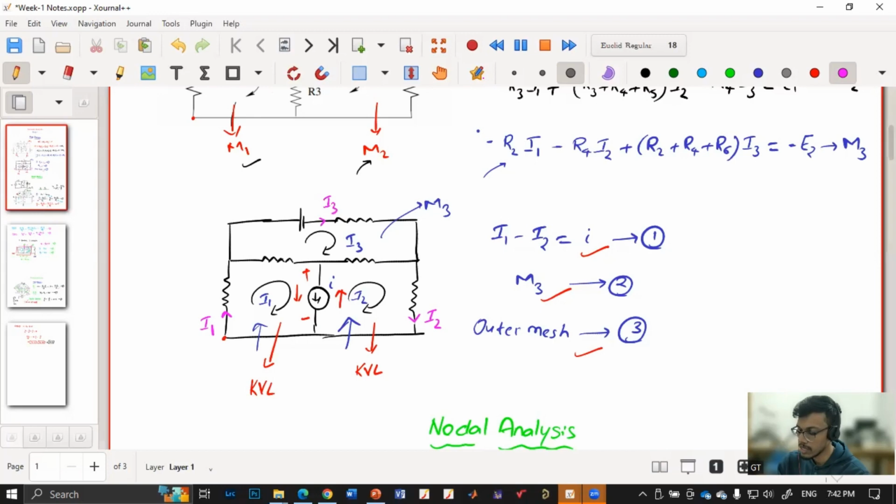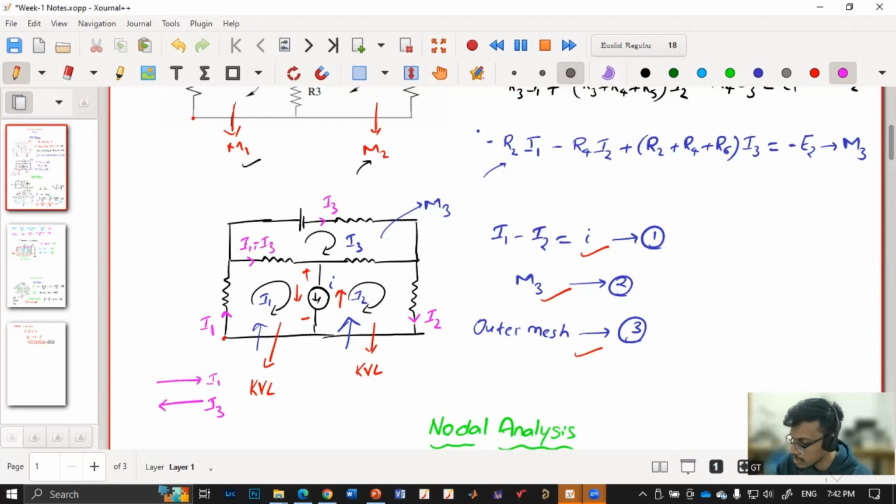Got it. Say if I am applying KVL in this loop, then how will I know the current direction in this direction? So this resistor is having two currents. One is I1, one is I3. So I1 is in this direction and I3 is in this direction. So if I assume I1 is greater than I3, then I will say current is flowing towards right with a magnitude of I1 minus I3.